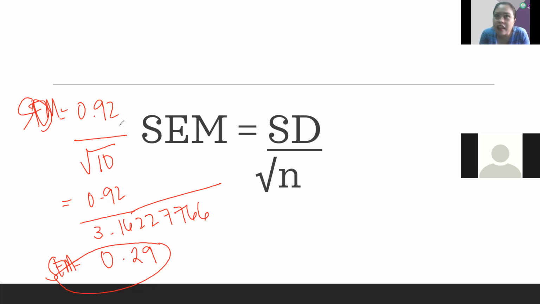Hindi well represented yung sample and magkakaroon ng maraming errors along the way. Okay? So this is just a simple computation. You just need the SD and the sample size para makuha natin yung SEM. Ang problema niyan pag mali yung computation ng SD.